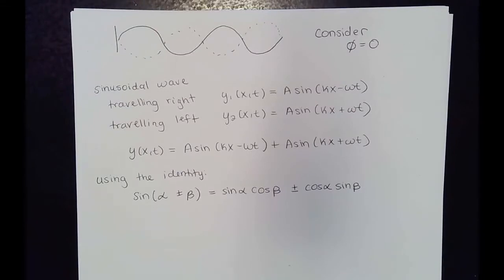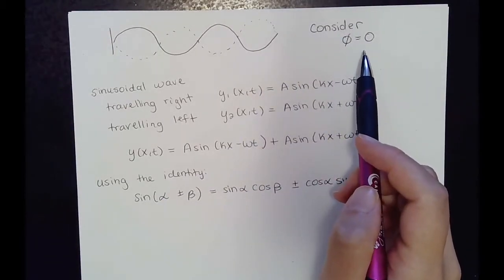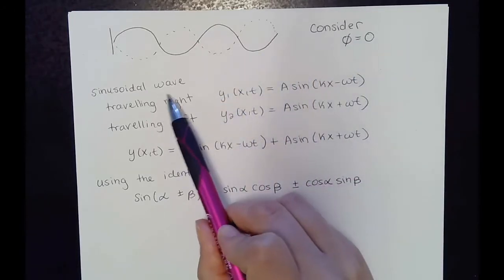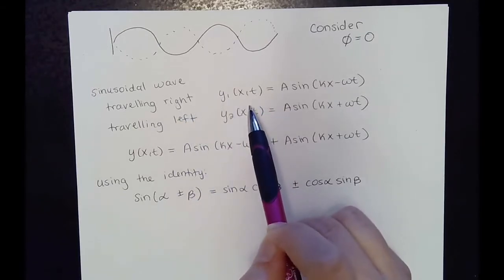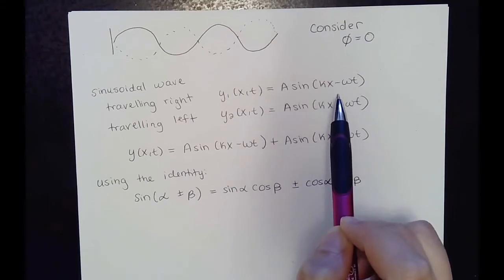In order to derive the standing wave equation, let's consider two sinusoidal waves with the same frequency, wavelength, and amplitude traveling in opposite directions. So for now, let's consider the case where phi equals 0. This will just simplify the algebra. The sinusoidal wave function for the wave traveling to the right will be y1 at x and t equals a sine kx minus omega t.